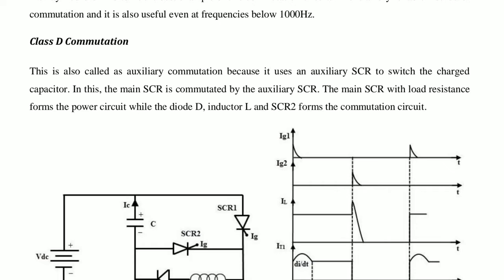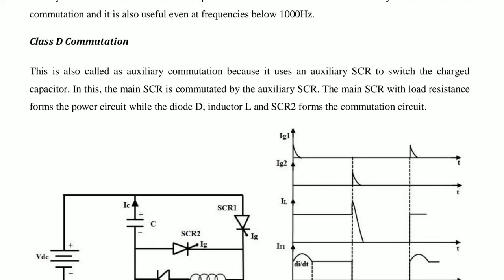Class B commutation is called resonant pulse commutation. Class C commutation is also called complementary commutation. Class D commutation is auxiliary commutation, and class E commutation is the last type of force commutation. We will also discuss natural commutation. So in this video a total of 3 commutation techniques will be discussed.